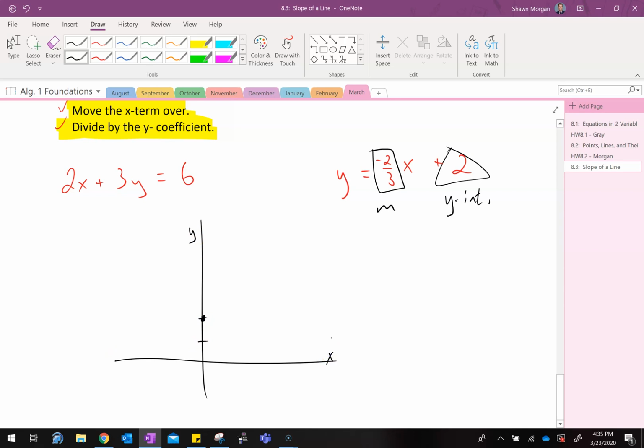And then it's got a slope of -2/3, so I go down 2 and to the right 3, or I go up 2 if I wanted to go in the reverse direction, and to the left 3, because that negative could be applied down here at the bottom just as easily if we wanted to say +2 over -3. And then last but not least, we connect the dots, and there's the graph of that line.